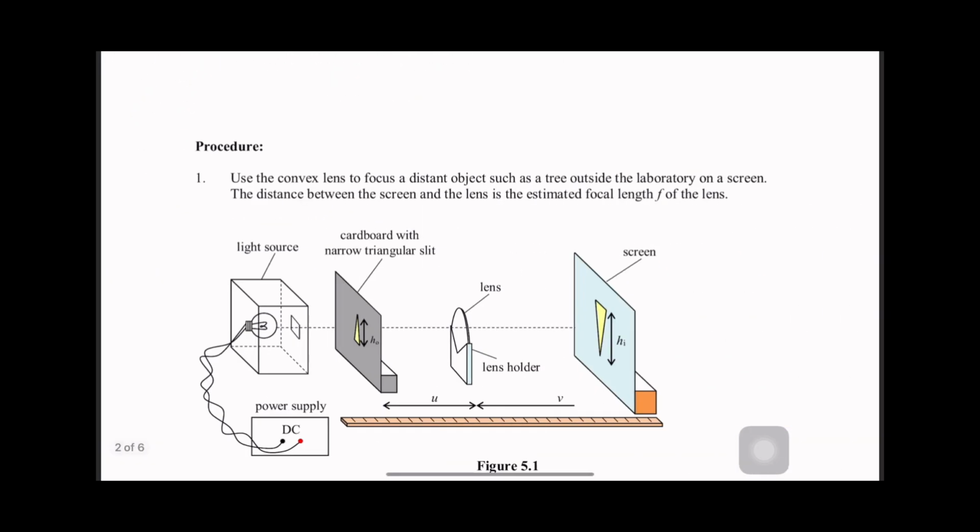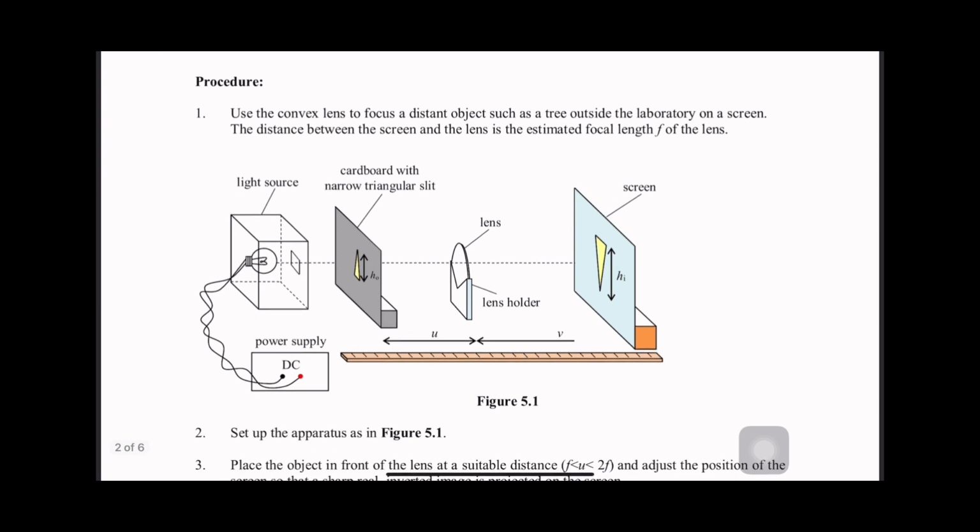Okay, next procedure. First is use the convex lens to focus a distant object such as a tree outside the laboratory on a screen. The distance between the screen and the lens is the estimated focal length of the lens.